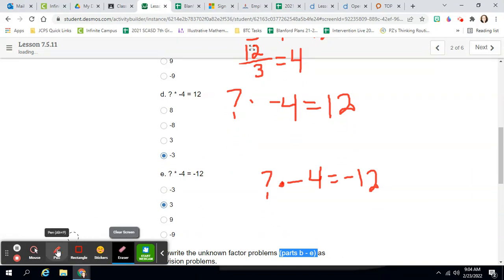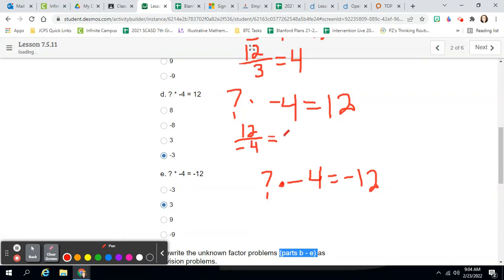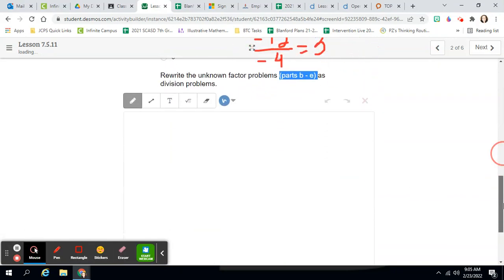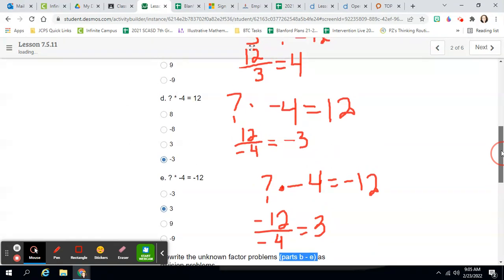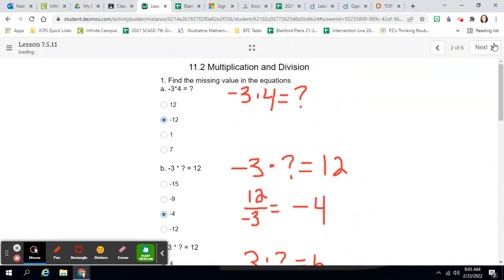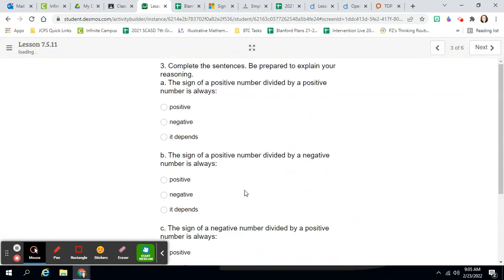We took +12, we divided it by -4, and we got -3. And over here, we did -12 divided by -4, and we ended up with a +3. Okay? So that's the division problems that we did. So we turn our multiplication into division.